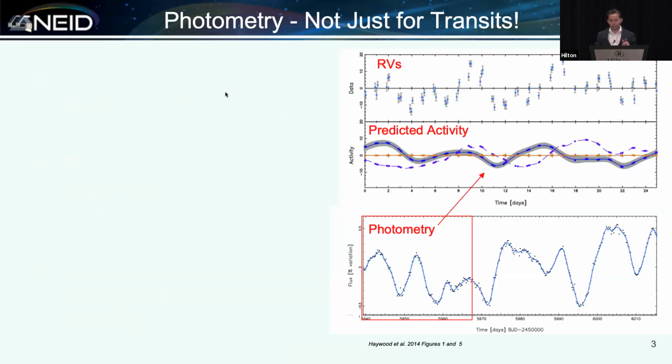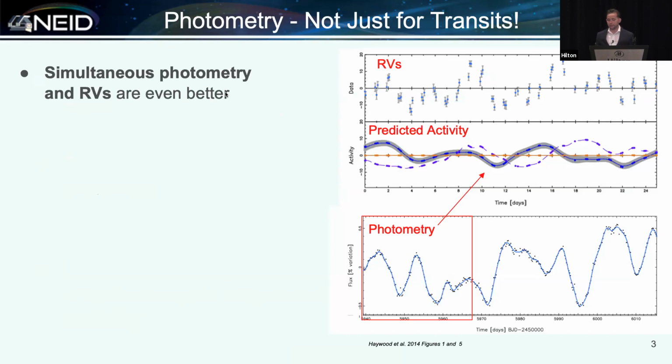What's even better is if we can get simultaneous RVs with photometry. This paper and even plot has shown up a little bit in some previous talks as well, but I want to highlight that this is a plot taken from Haywood et al. 2014, where they got simultaneous RVs with CoRoT-7 photometry of a couple of planets.